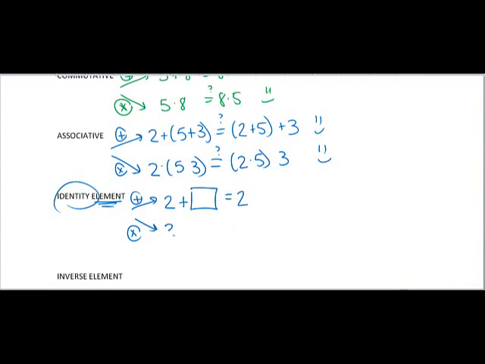We have, say, 3 times something equals 3. All right, so let's go back in and choose our elements here. Well, 2 plus what is 2? 0. Ask yourself, is 0 a non-negative number? Yes, it is.